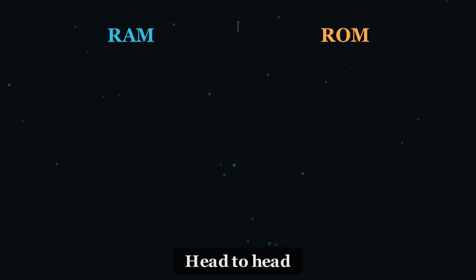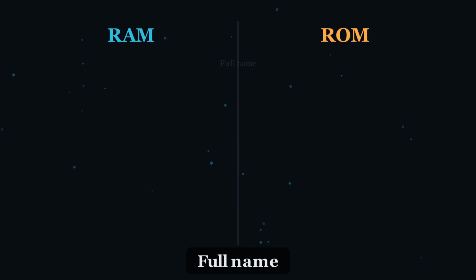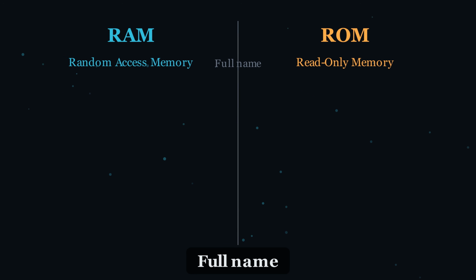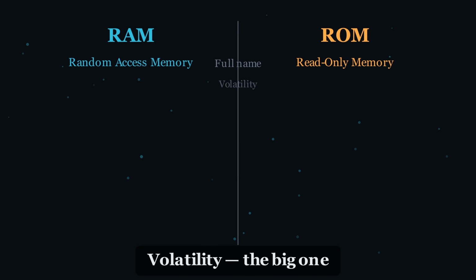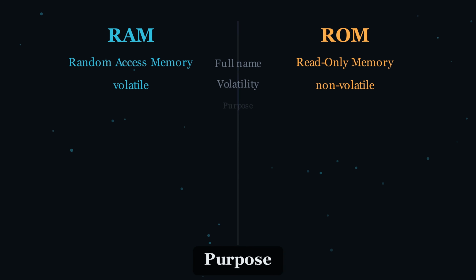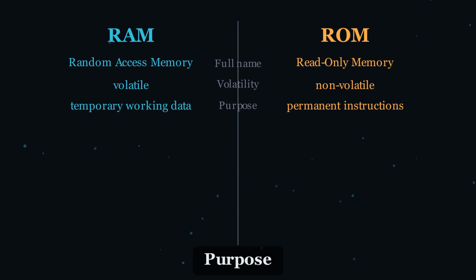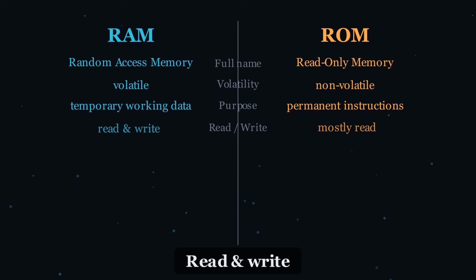Alright, now let's put them head to head. 1. Full name: RAM is random access memory, ROM is read-only memory. 2. Volatility: RAM is volatile, ROM is non-volatile. This is the single biggest difference. 3. Purpose: RAM is temporary working memory, ROM is permanent system instructions. 4. Read and write: RAM is freely read and written, ROM is mainly read from. 5.